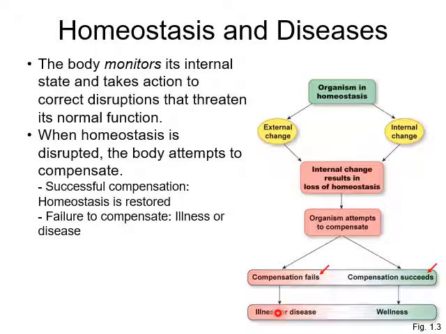You might still get a cold or so forth, a disease, but hopefully you won't die in this case. So that's how we relate. If we're not able to keep within homeostatic range, that puts us in a disease state, that pathophysiology. So we have to be able to compensate for those changes to be able to keep well and keep healthy.